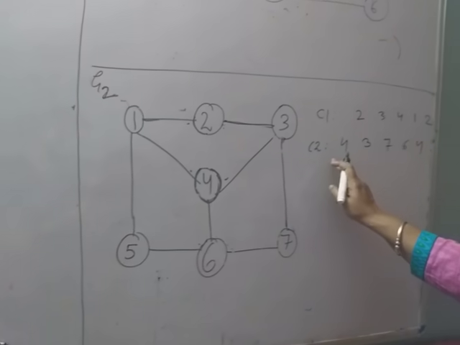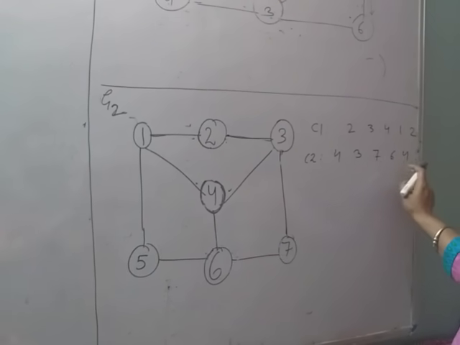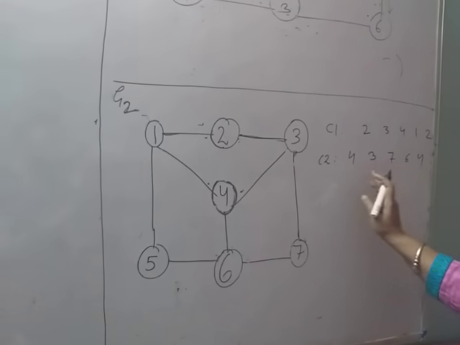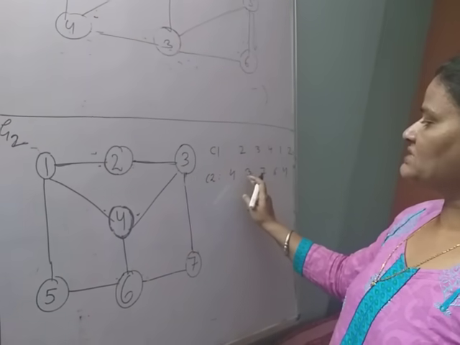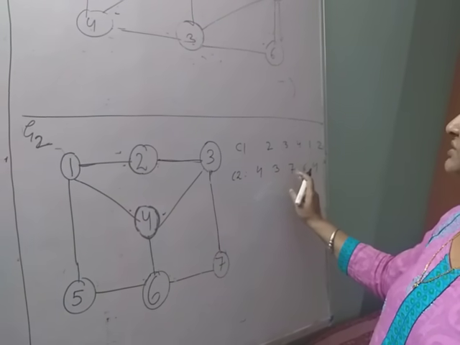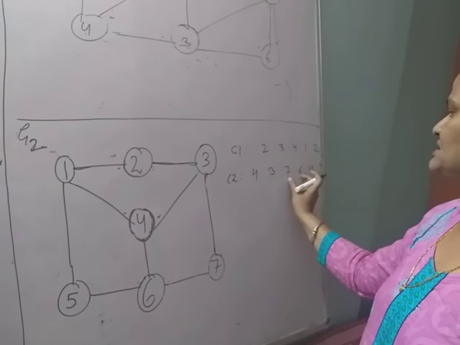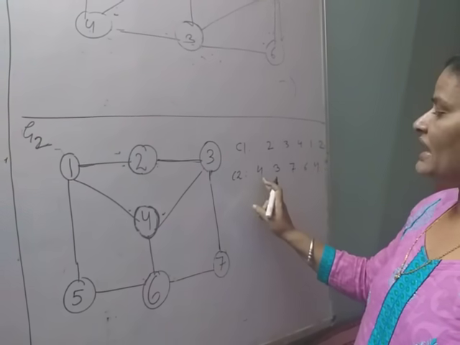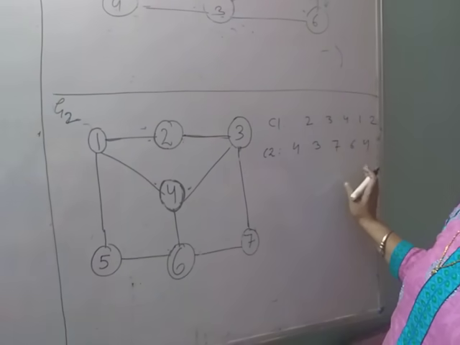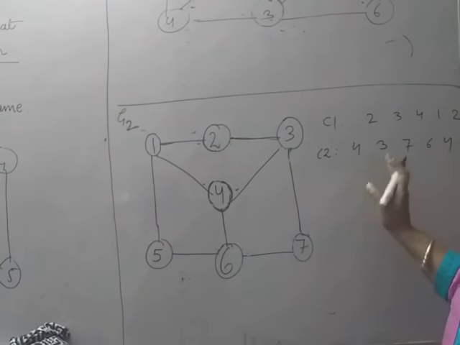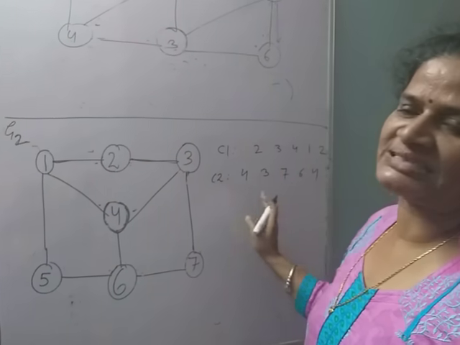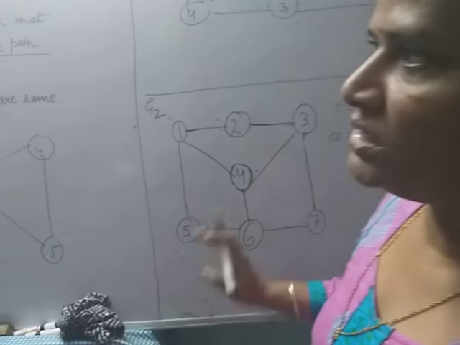Simply, it is a sequence of distinct vertices such that there is an edge between 4 and 3, 3 and 7, 7 and 6, 6 and 4, and the start and end vertices are the same. Then that path is called a closed path or cycle.